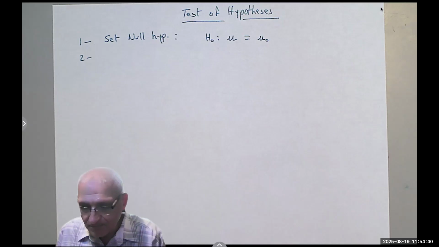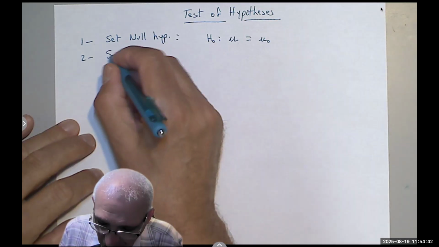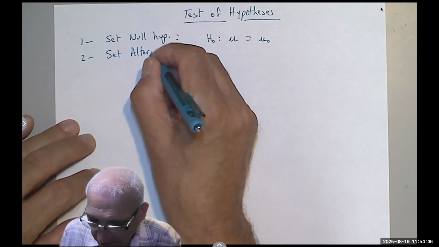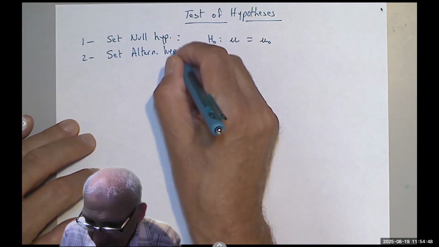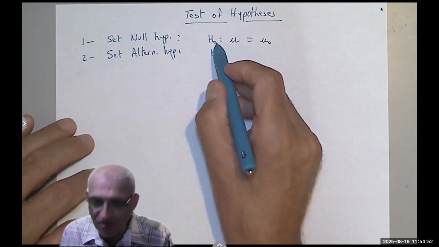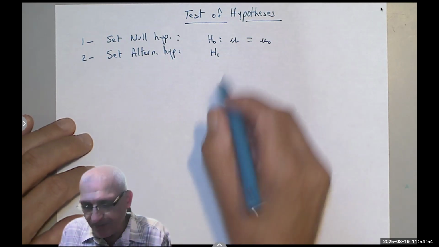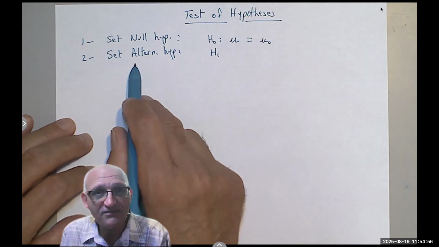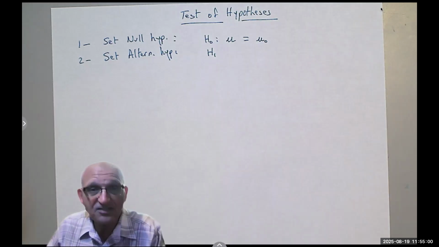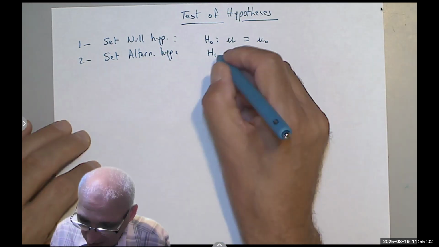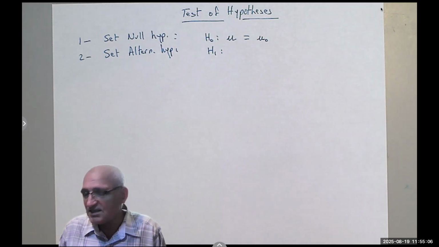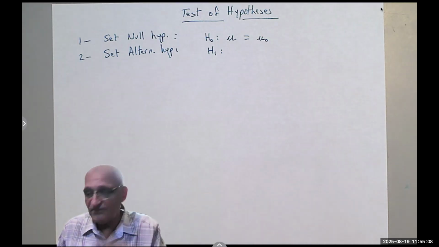Then we set what we call the alternative hypothesis. We call that H sub 1. If that's a 0, that's a 1, right? Some people use the letter A for alternative. That's fine. But in these sessions, we are going to use H sub 1 as the alternative hypothesis. The alternative hypothesis comes in three flavors.